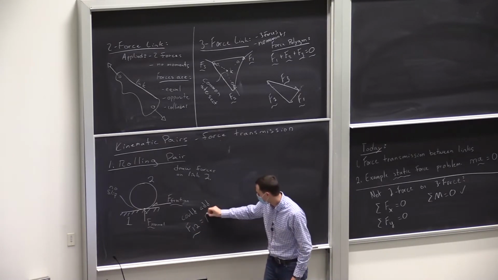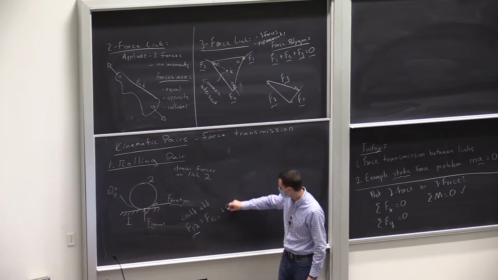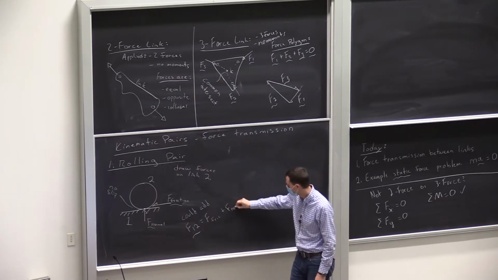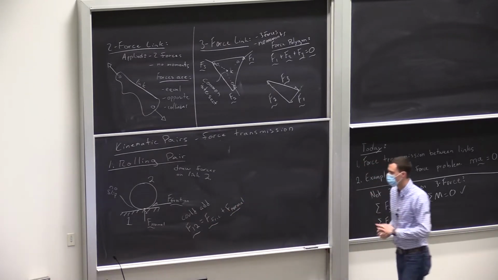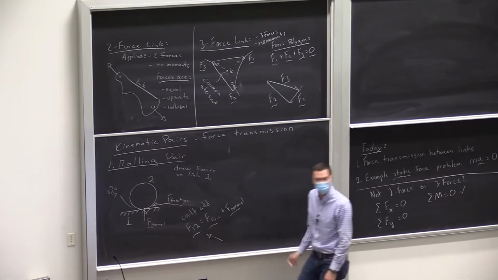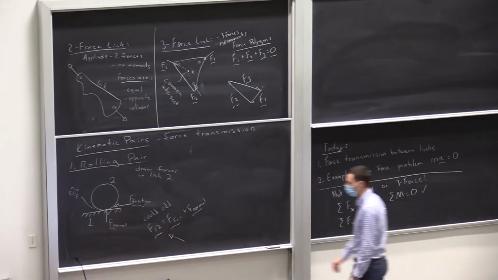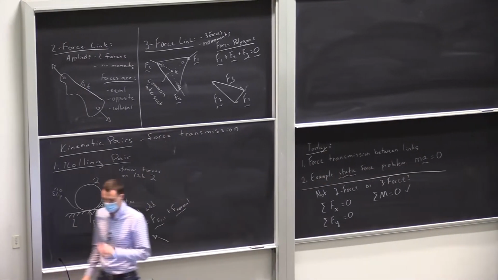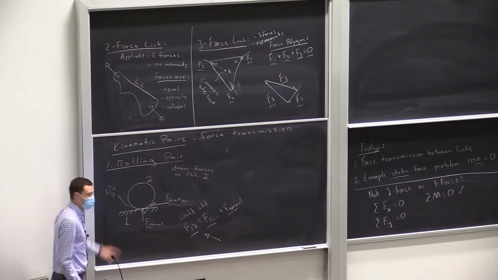It's just those two added together. Force friction plus force of normal. Okay, if you wanted to, and of course that would be up and to the left here. You'd have to do some vector addition graphically, or you could calculate the components and figure out what those two are and add them up and apply it as a single force. Great, so this is rolling pair.